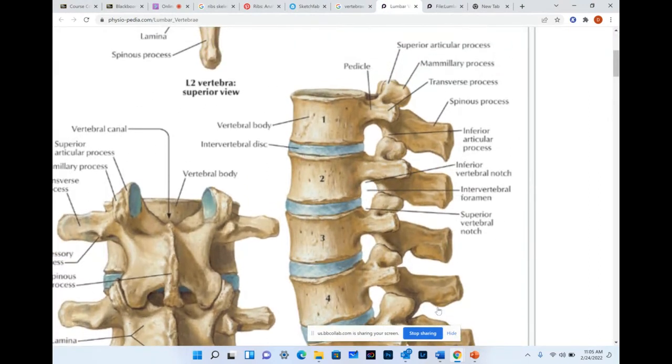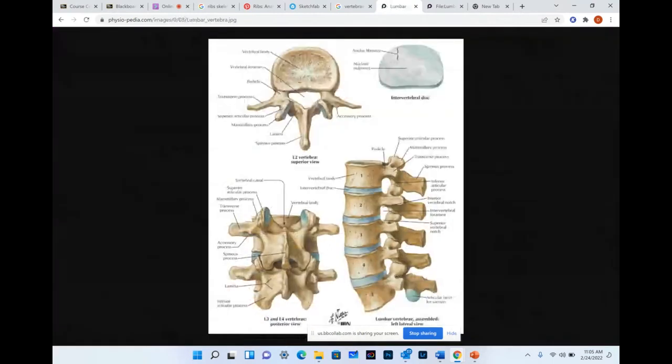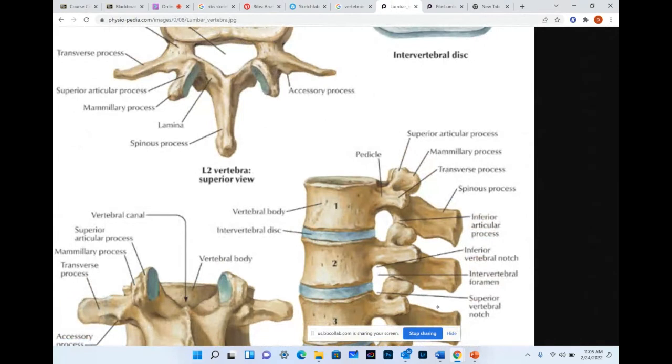Okay, so over here you can see this is the spinous process, this is the body, this is pedicel connecting body to the bumpy part. This part right here is the lamina, which comes together. This is the lamina, right?